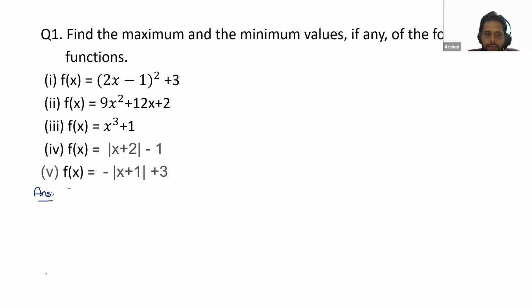Do I need to solve it? Yes, sir, same answer. Good, Huzefa and Darshan.